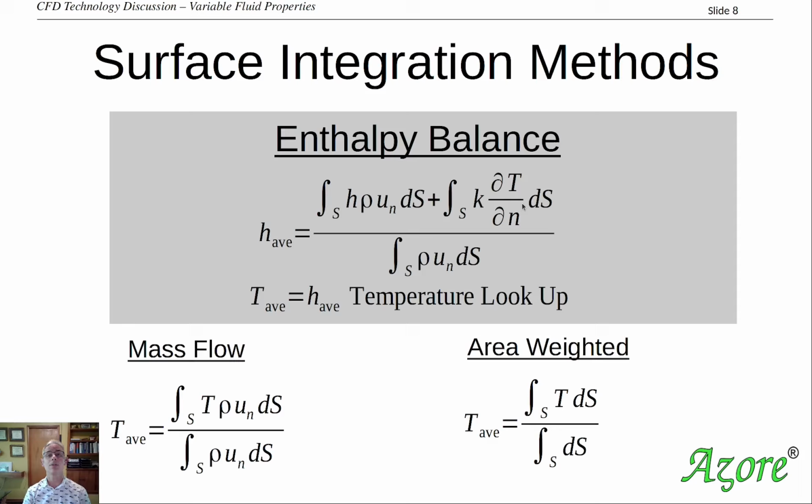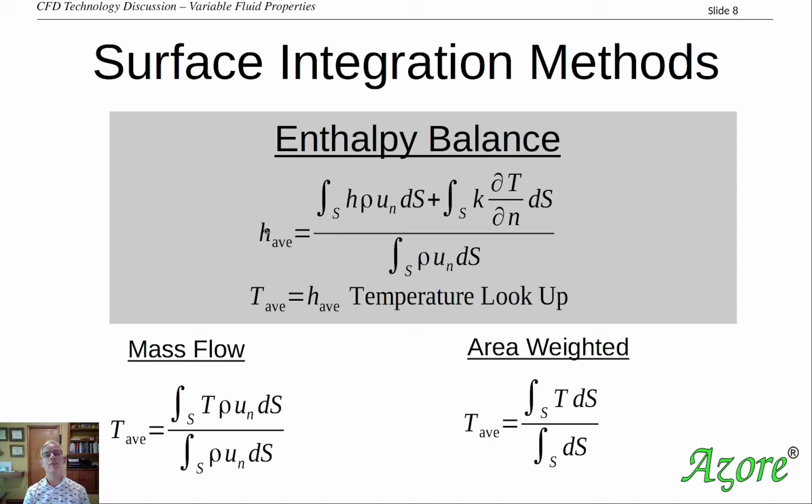Once we know the total energy passing through the surface, we can divide that total energy flux by the total mass flow rate passing through that surface, which is this denominator right here. When we divide those two together, we get a mixture average enthalpy value.